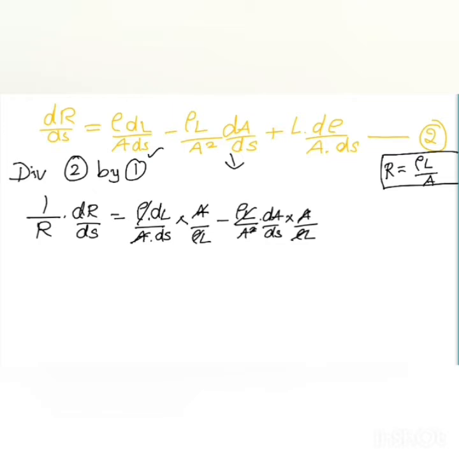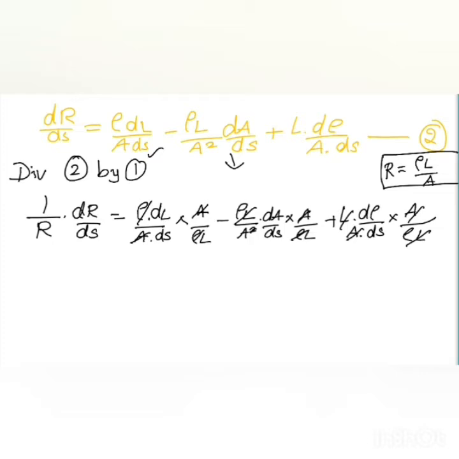So we'll have just A, right? Now plus l into d rho by a into ds into a by rho l. This l and l will get cancelled, this will be left, right?